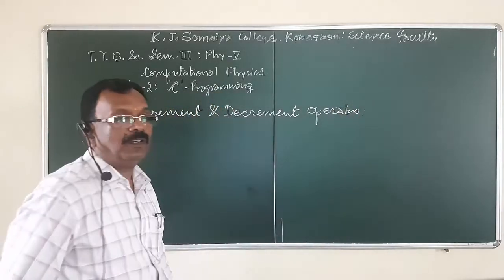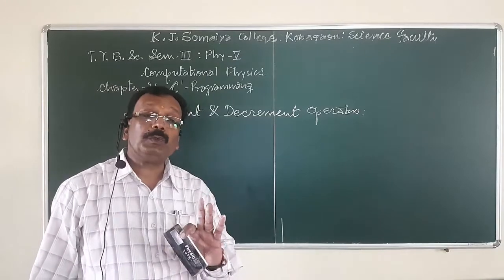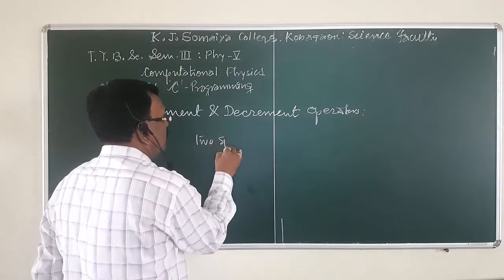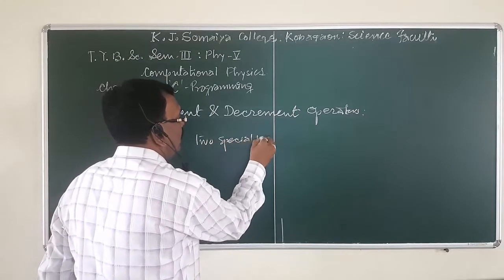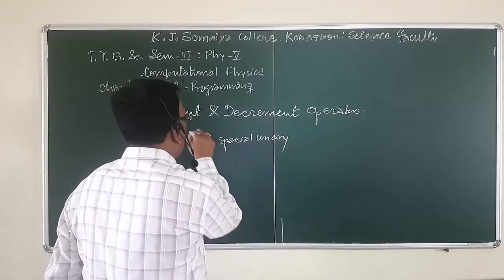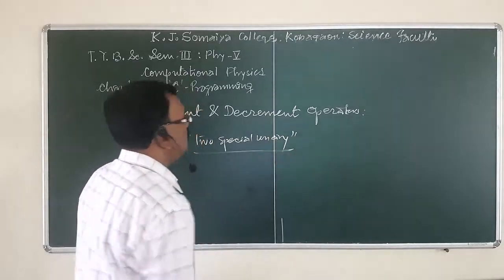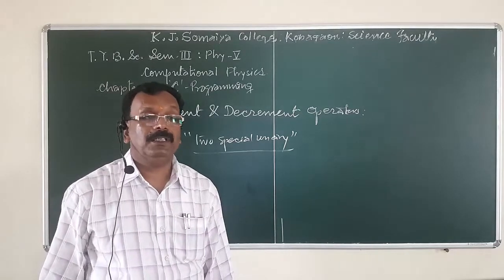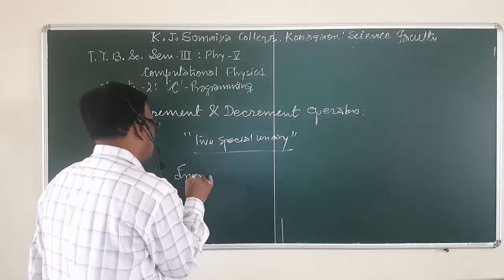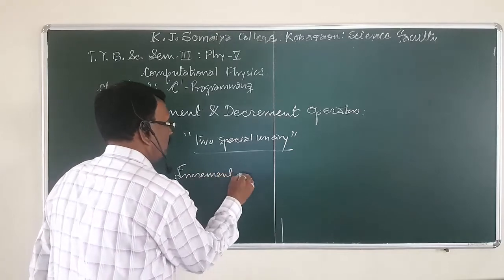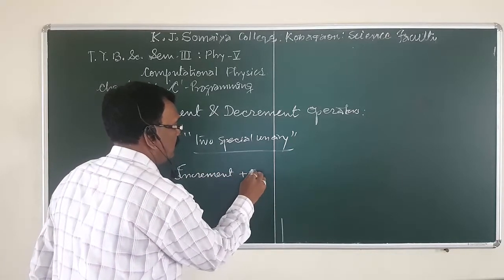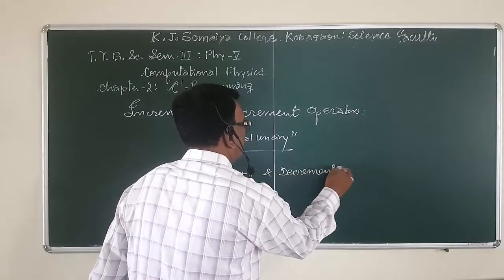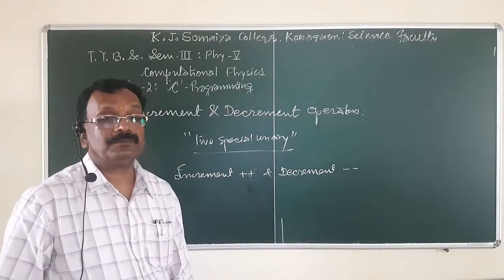Increment and decrement operators. There are two special unary operators in the C programming language: the increment operator, that is plus plus, and the decrement operator, that is minus minus.